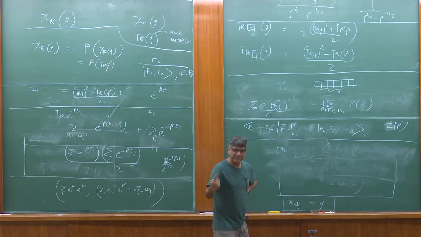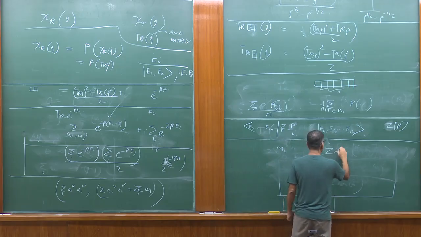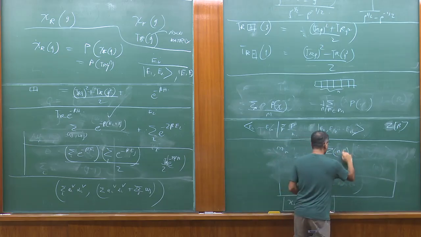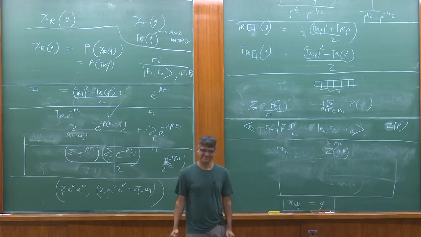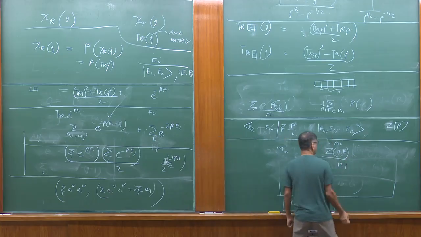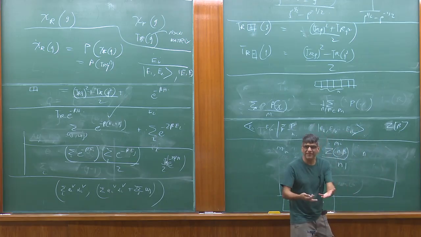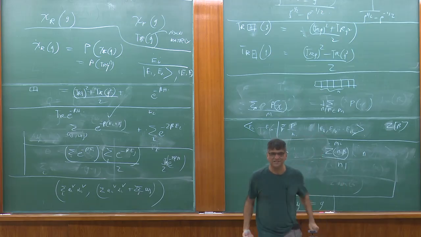Do you see that what you get is the trace, so Z of n beta to the power m_i, divided by n factorial, into the number of elements in the permutation group with this cycle structure.